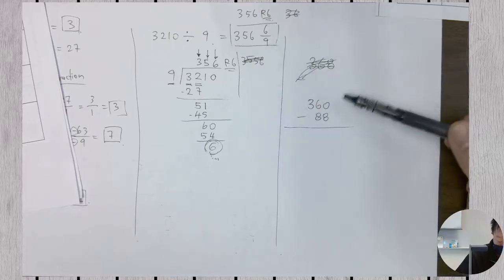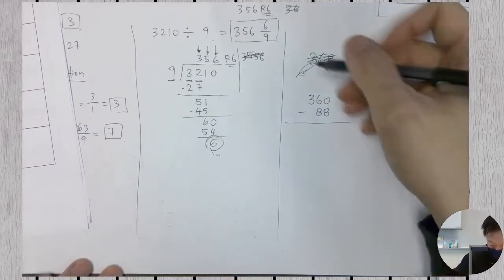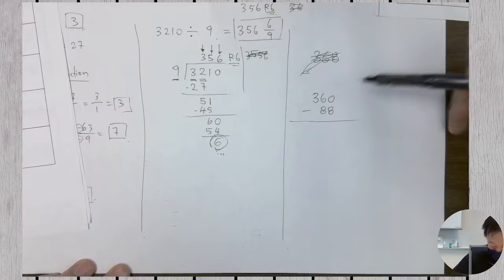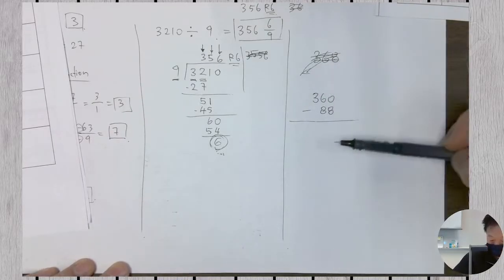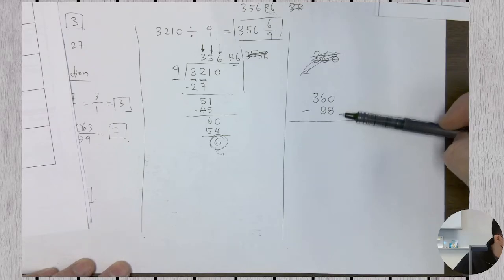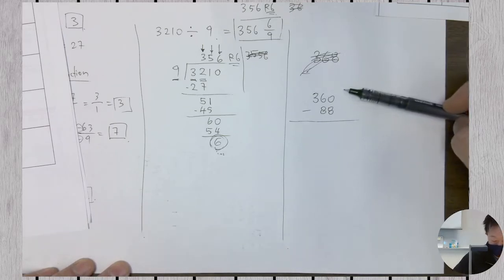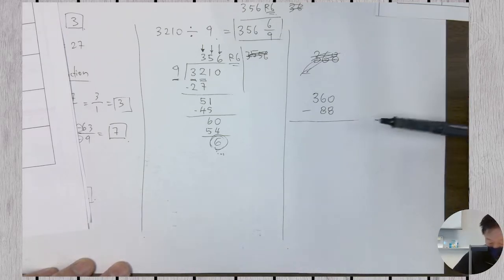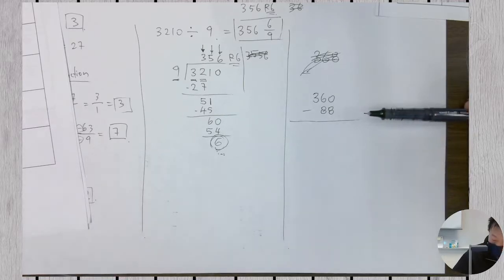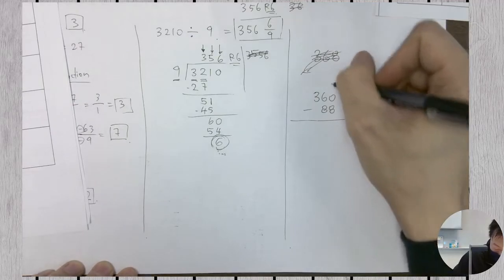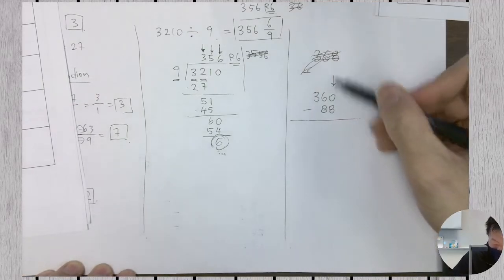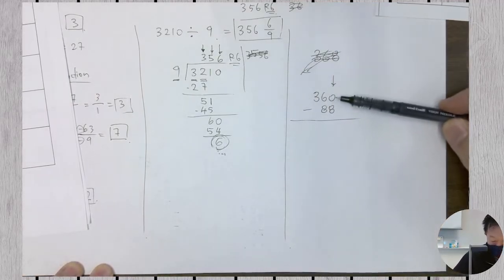Okay? What do we do here? Okay, so we are minusing 88 from 360. We are paying something that is worth $88 with our pocket money of $360. Of course we have enough to pay, but what would be the answer for this? That column tells us how many $1 we have.